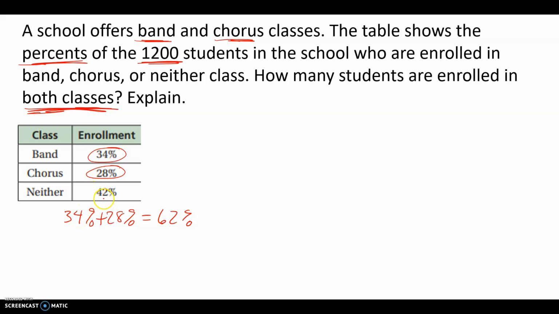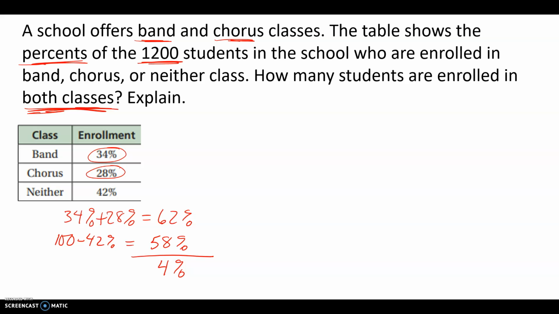So what we have to do is figure out 100 minus 42%. That gives us 58%. So what percent is overlapping? Because that's how many are in both band and choir. So that's 4%. If you raise your hand for band and you raise your hand for chorus, you're included in both.